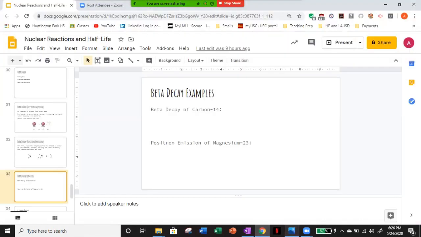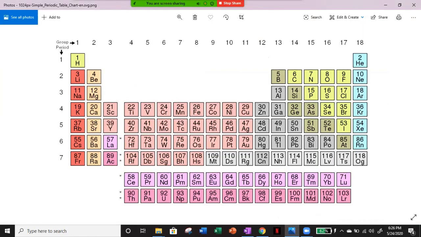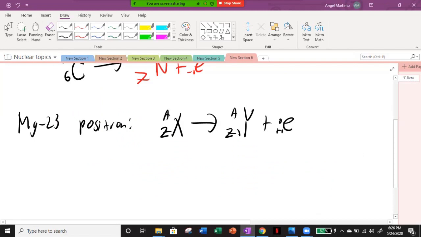So just making sure, magnesium-23. The atomic number of magnesium, we look here, is 12. So we start off like we did the other one: Mg, 23, 12.